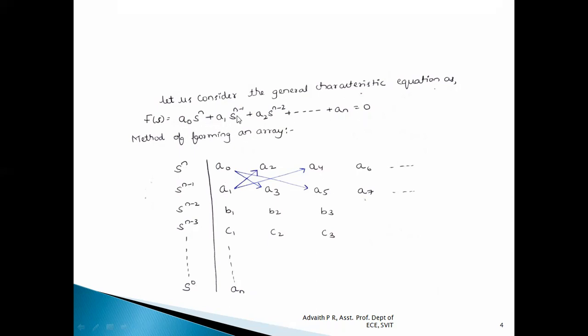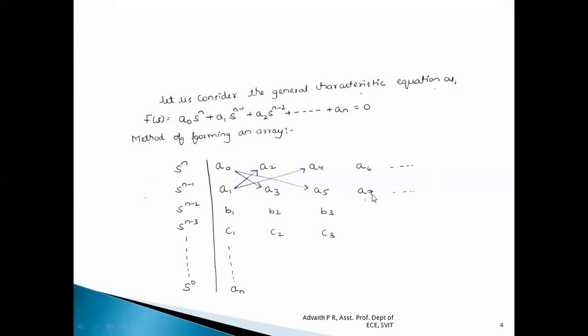The coefficients of the characteristic equation will be placed in the first two rows of the Routh array. a0 is the coefficient of s to the power of n, so it will be placed over here. a1 is the coefficient of s to the power of n minus 1, and it will be placed over here in our array. a2 is the coefficient of s to the power of n minus 2, and it will be placed again in our first row. Similarly, it will be continued with a3, a4, a5, a6, a7, up till it ends.